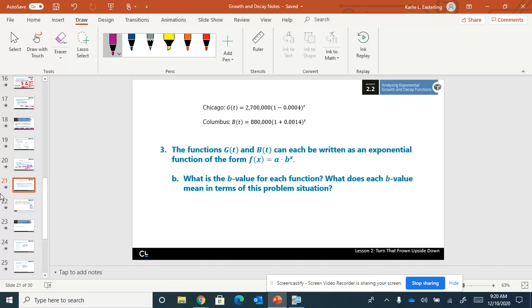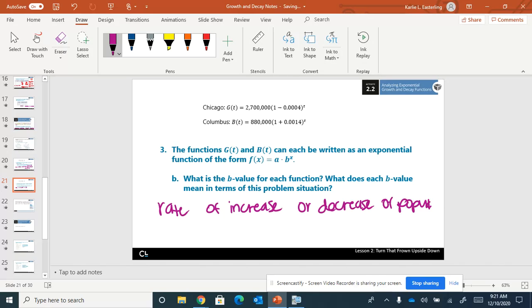All right, and our b value represents the rate of increase or decrease of population. Ooh, it's barely going to fit.